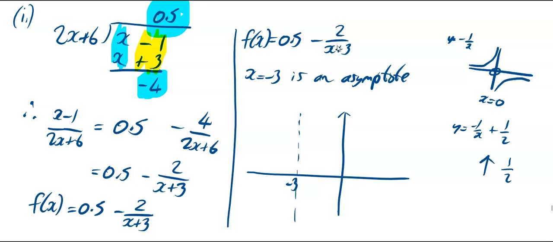And so if it shifts the whole graph up by a half, that means the horizontal asymptote of the x-axis is no longer going to be an asymptote. The new horizontal asymptote is going to be at y is equal to a half. So y equals 0.5 would be your new asymptote. You can then draw your graph, and your graph as a sketch looks like this.